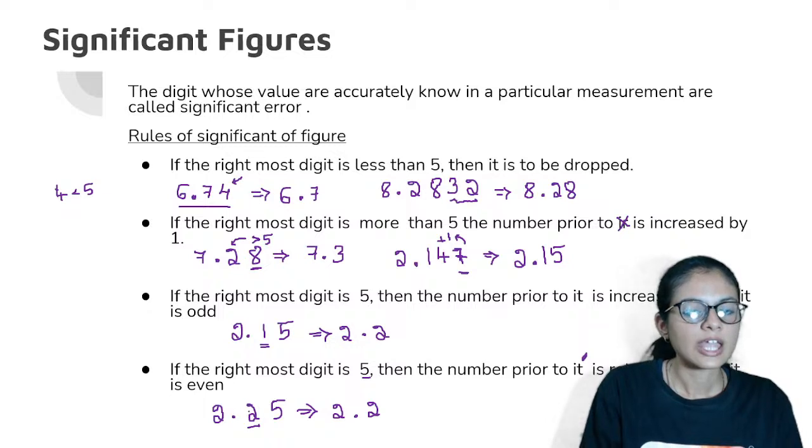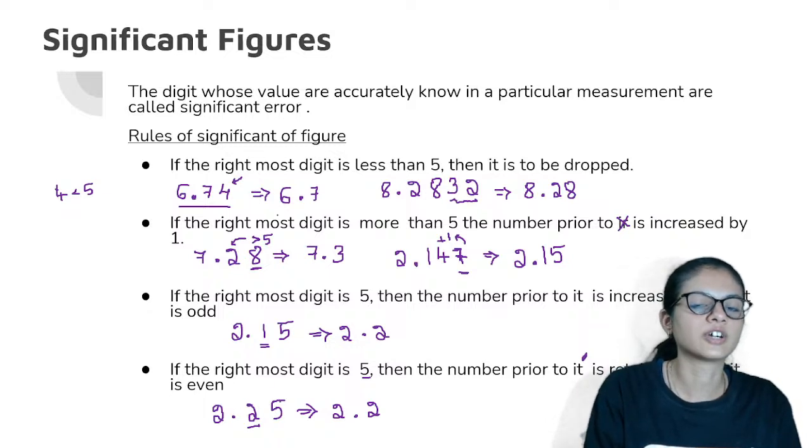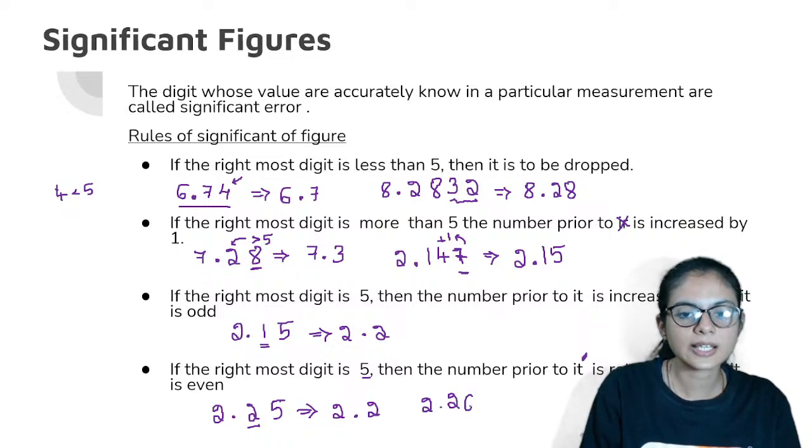Is that clear? If this is 2.6, I will go to the first method, greater than 5. If it is more than 5, add 1. So it will be 2.3. If it is 2.26, it gets 2.3.